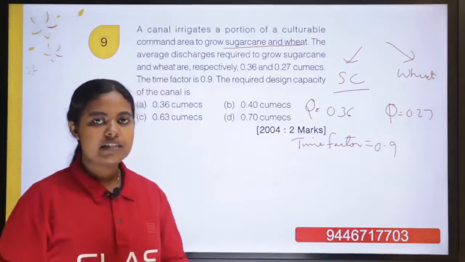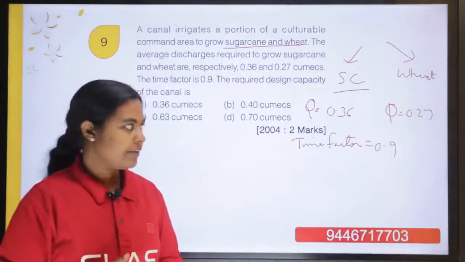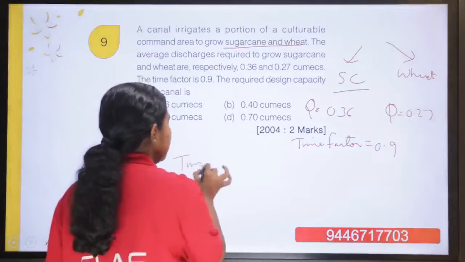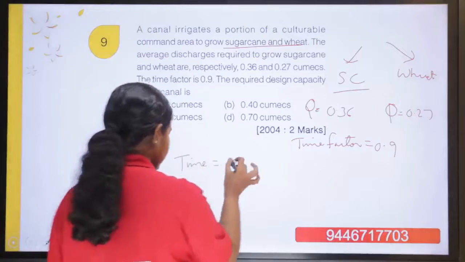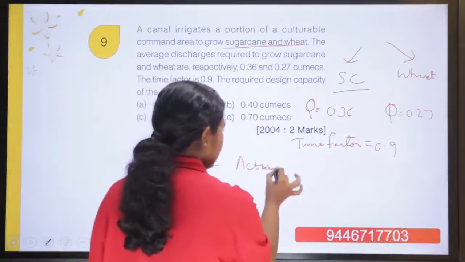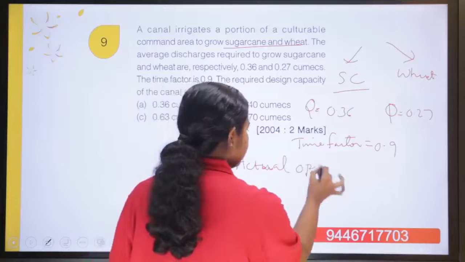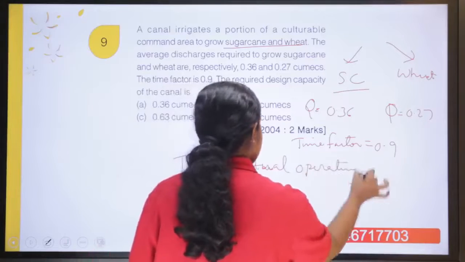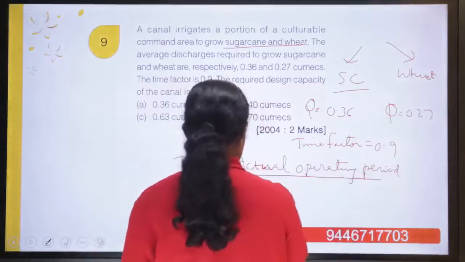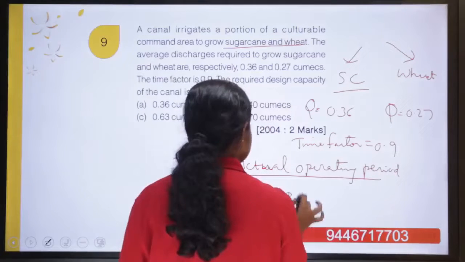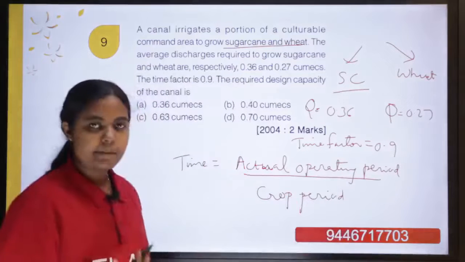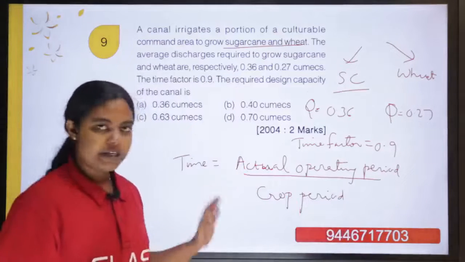Now we'll see about the time factor. The time factor is the ratio of the actual operating period to the crop period, which means we require irrigation for the plants during the crop period or base period.